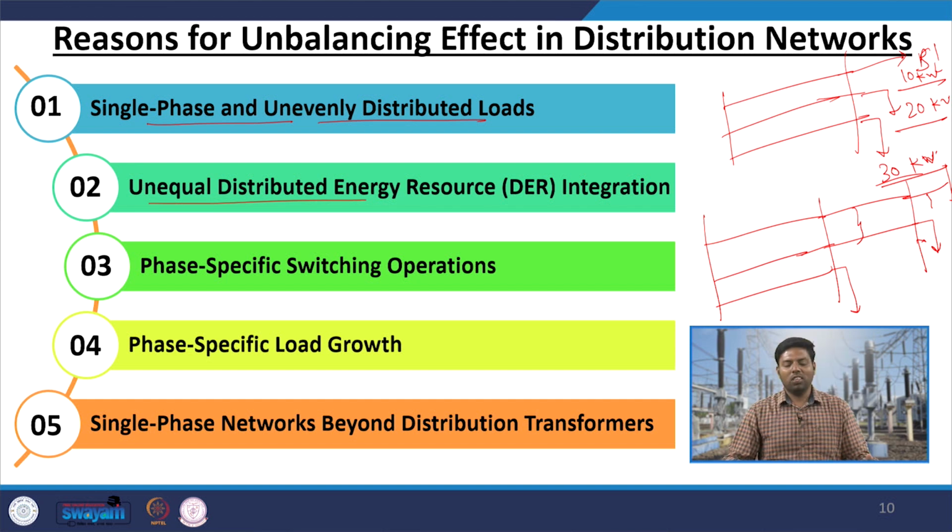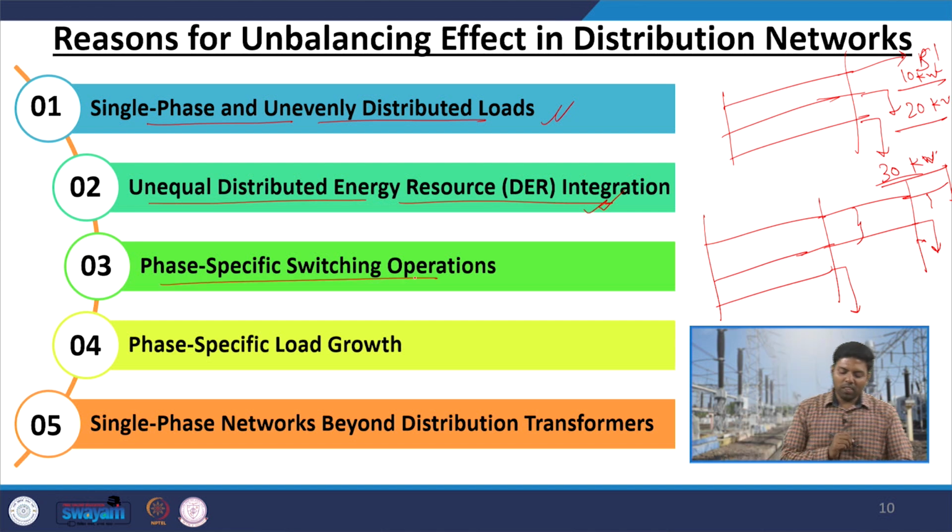One is, let us say, installing 5 kilowatt, one 2 kilowatt, and one is very rich and is doing 10 kilowatt. So, your DER penetration is not equal at all the phases. That means your load is not equal, your source is also not equal. So, obviously, even if you have a 3-phase connection, you will still experience an unbalancing effect.